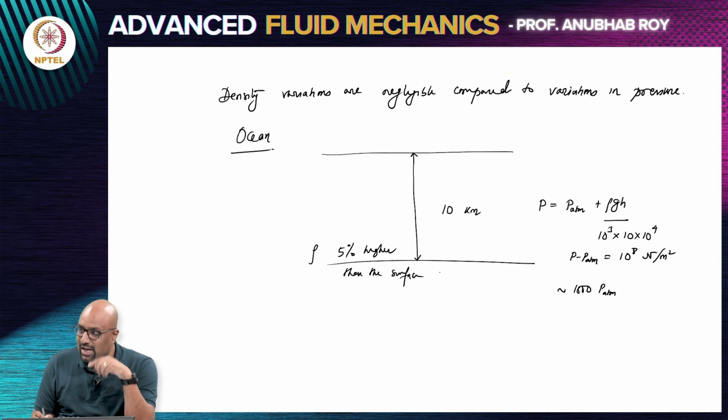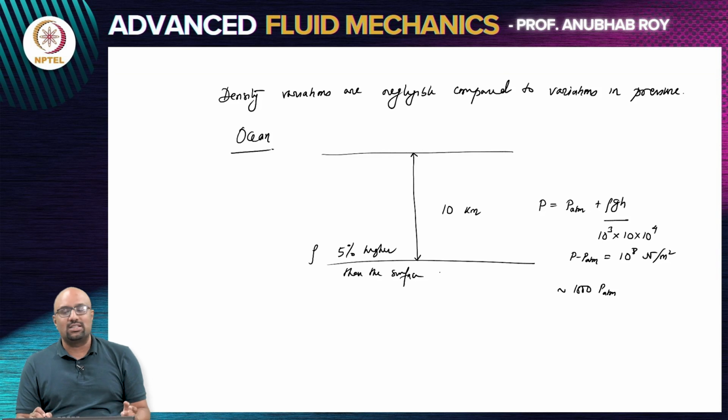So the density change over that 10 kilometer depth from the surface density is a mere 5%, whereas the pressure variation is 1000 times. So you can see that there is not any correlation per se in terms of how much density actually varies.